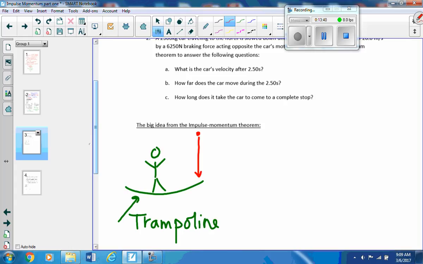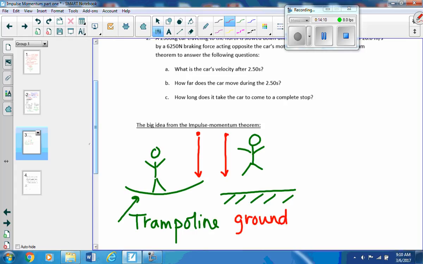And so I'm going to think about this: what would happen if instead of being on the trampoline, we had a person that was the same height, falling the same distance, and instead of having the trampoline underneath, they had the ground.